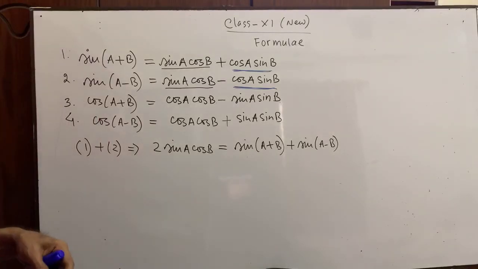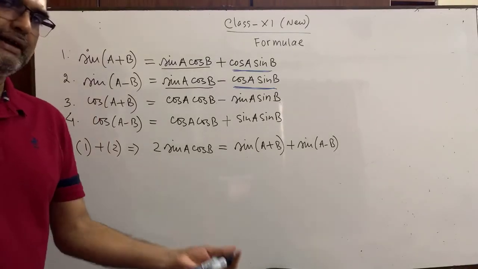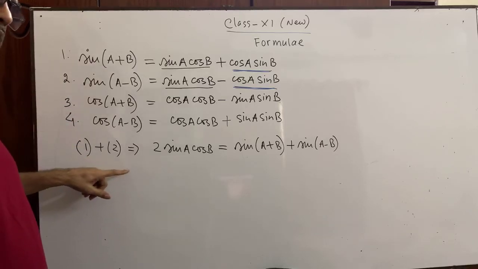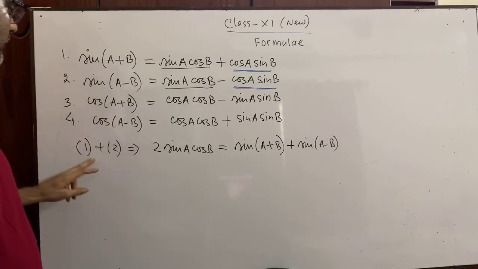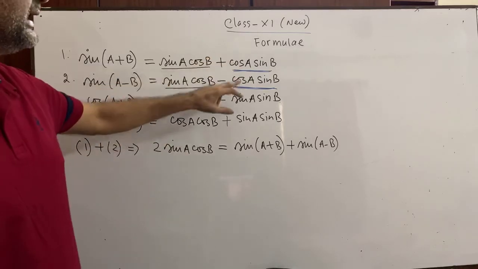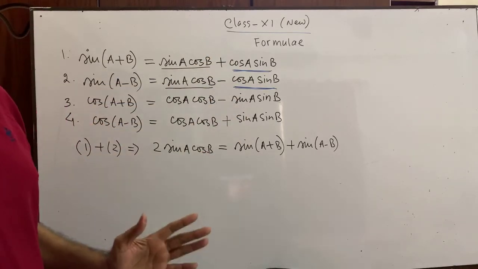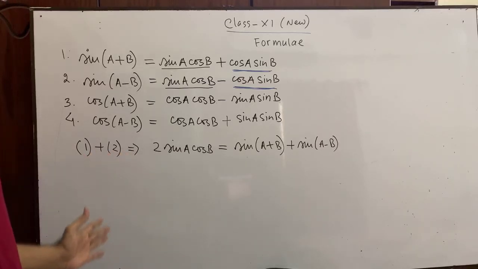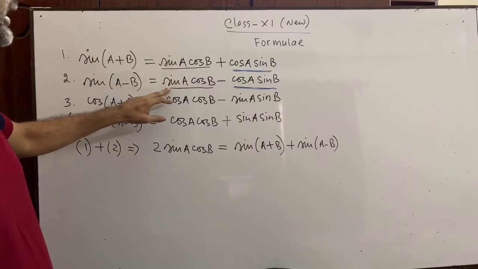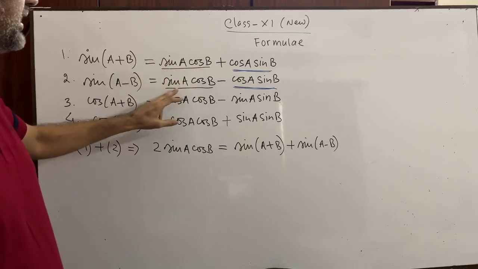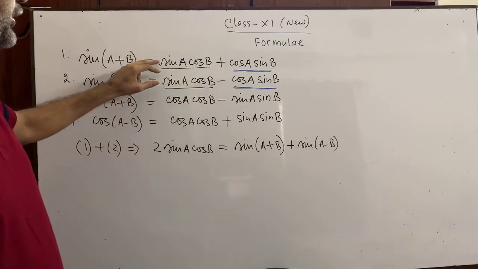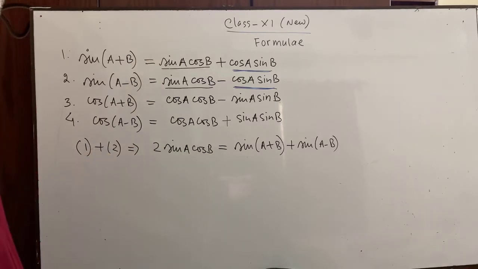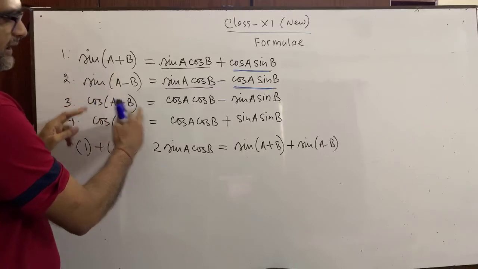What I have done, I have added 1 and 2, nothing else. This and this are equal but in opposite sign, and those will be cancelled. So we will be left with 2 sin A cos B equals to this plus this.